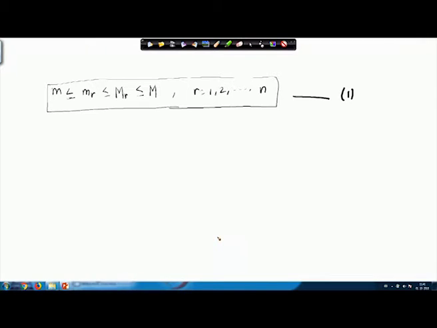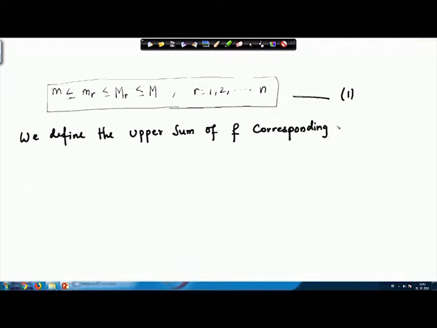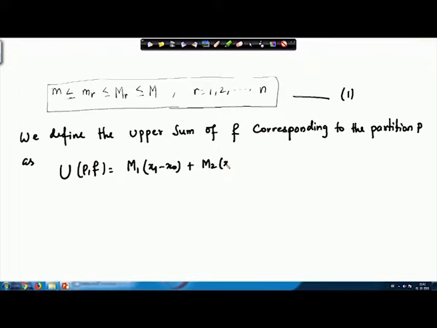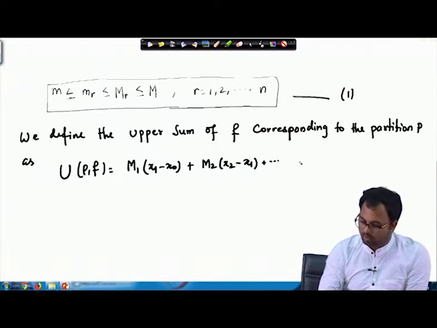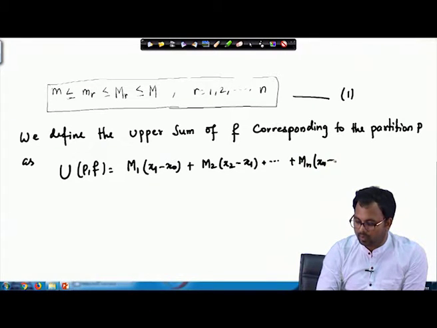Now we define the upper sum of the function f corresponding to the partition P. We write U(P, f), which is equal to capital M1 times (x1 minus x0) plus capital M2 times (x2 minus x1), and so on up to capital Mn times (xn minus x(n-1)).